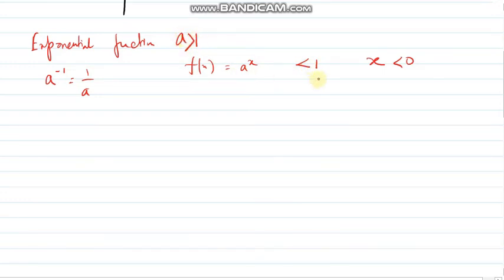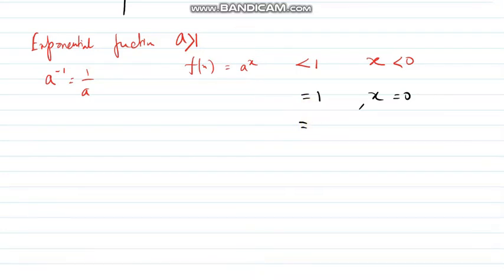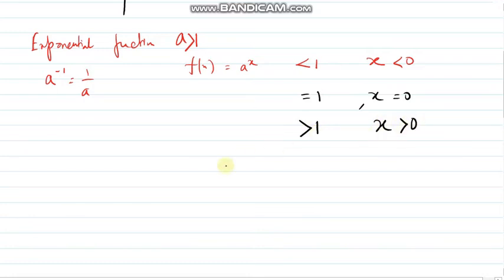When a is greater than 1, these cases will happen: this will be equal to 1 when x equals 0, because we know anything to the power 0 is equal to 1, and this will be greater than 1 when x is greater than 0, right?